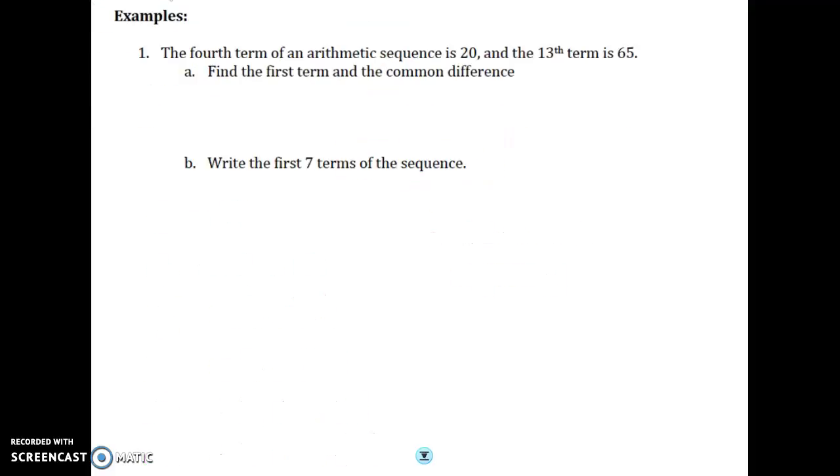So we're going to start by diving straight into some examples. In this next example, we're told that the fourth term of an arithmetic sequence is 20. Straight away, we can represent that information. The fourth term is A1 plus 3 lots of the difference, equal to 20.